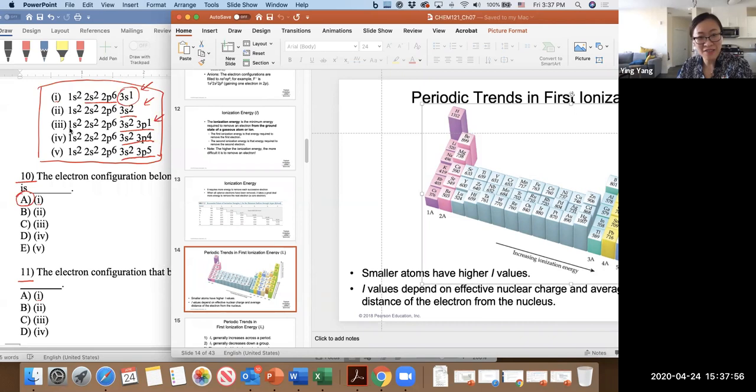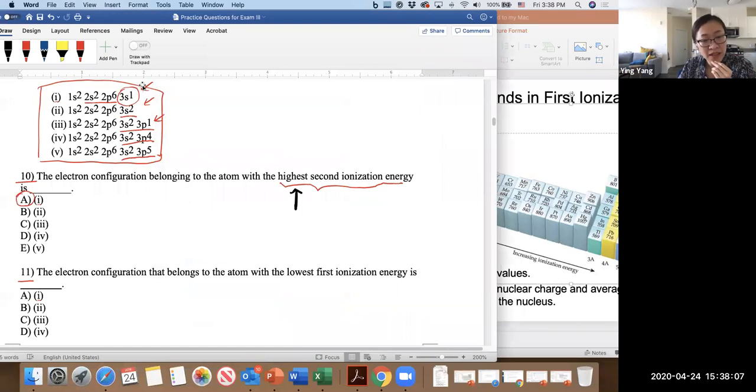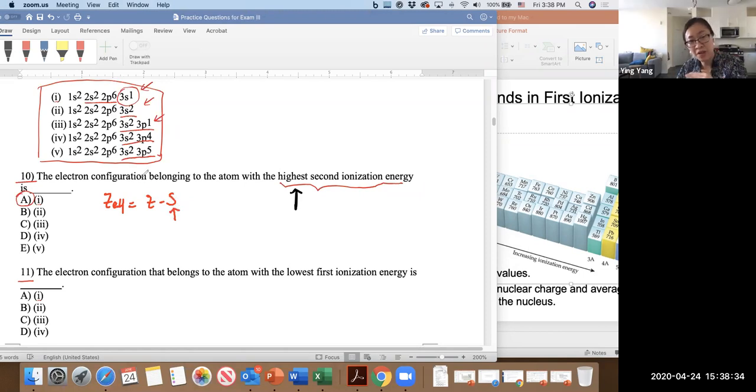When you're given these electron configurations, you can correlate them to the atoms in the periodic table. Another way to think about this is that for 1, the effective nuclear charge is the smallest, because Z effective is equal to Z minus S. For all of them, S is the same because they're in the same period.